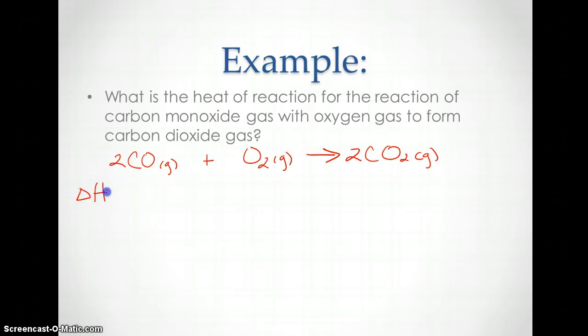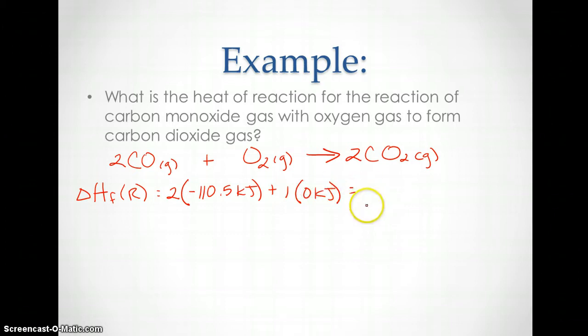So the delta HF for our reactants is going to be 2 times carbon monoxide, which is negative 110.5 kilojoules, plus 1 times oxygen, which is 0 kilojoules. When we add all of that up, we get negative 221.0 kilojoules.